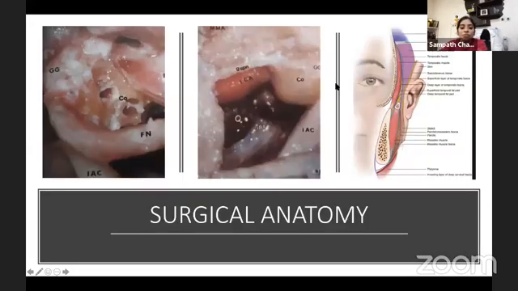So coming to the surgical anatomy in this region. As we take a preauricular incision, we should know about the layers in this region.